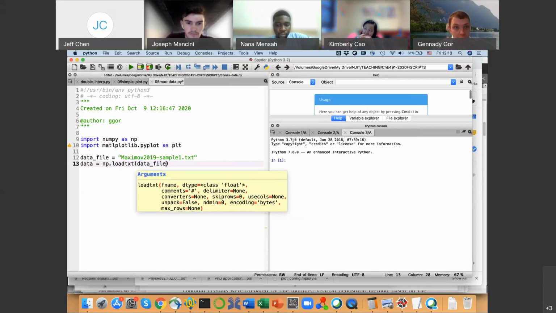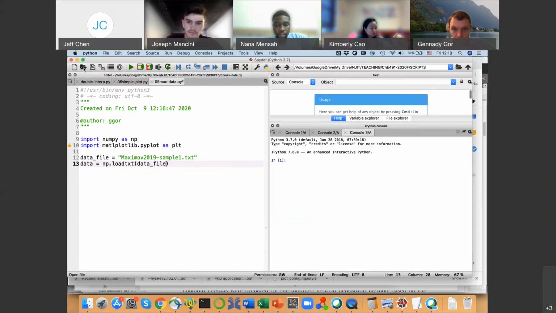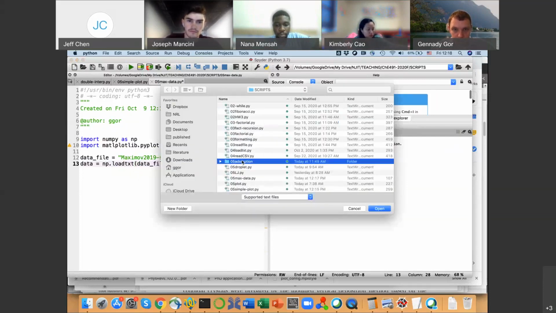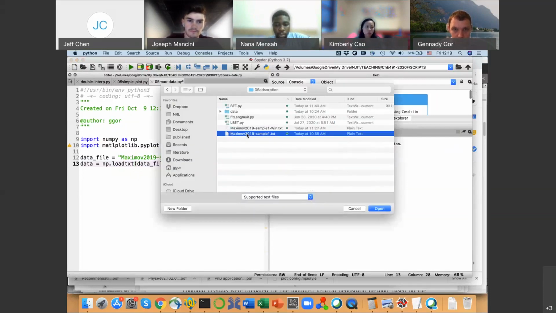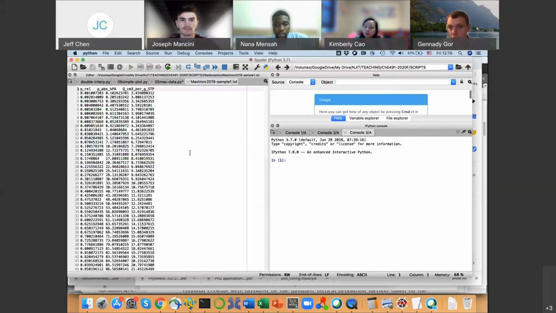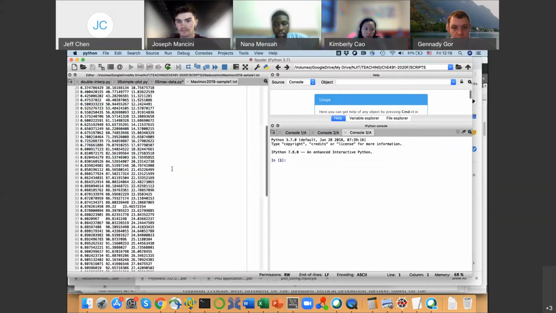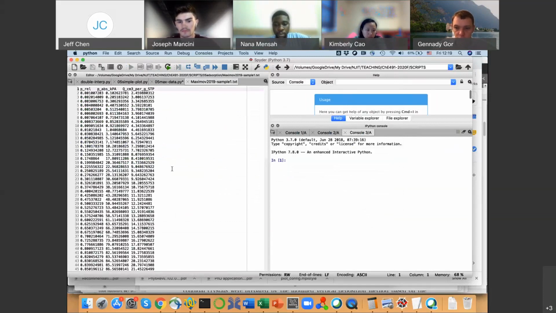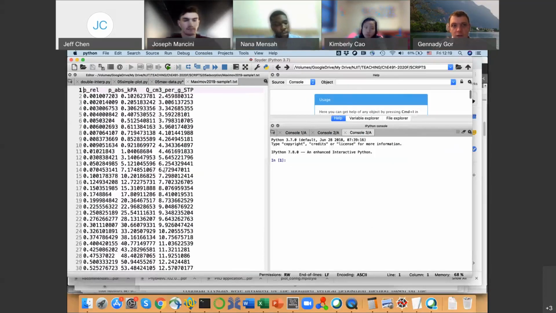If you open this file, it would be instructive to open the file. So I think I put it here. Okay. So if you open the file, look at the file. This is the data you have in the file. So the first row has the information, which is what's in each of the columns, right?